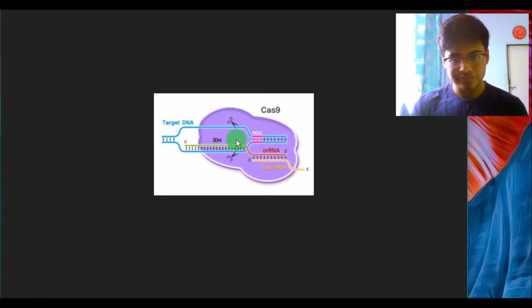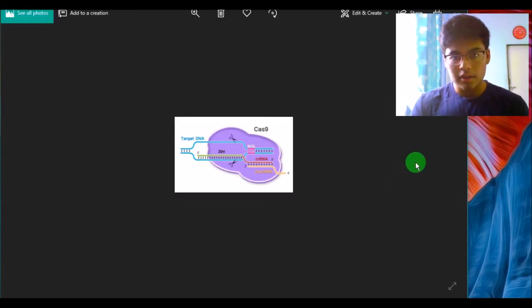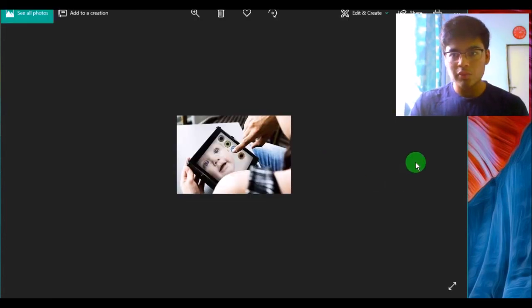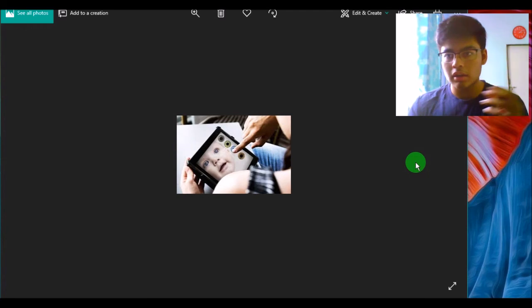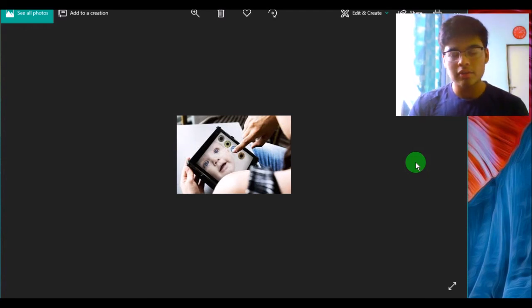Now you see, using this we could do a lot of things. The first application would be designer babies. All of the human characters, like your hair color, your eye color, your skin color, and a lot of other things, are controlled by specific genes. In fact, your whole body, all the traits you have, are controlled by specific genes. So if we could edit genes, we could pretty much change the organism itself.